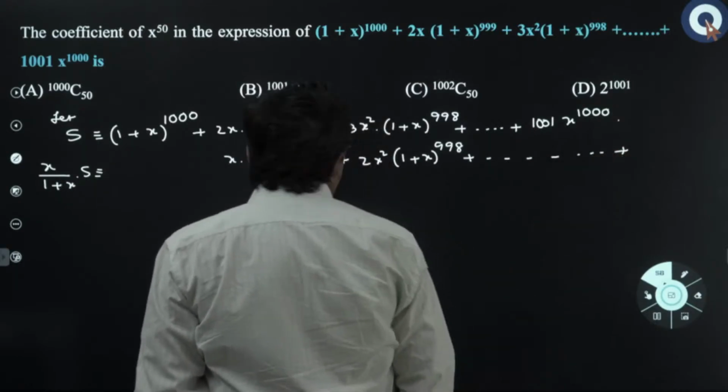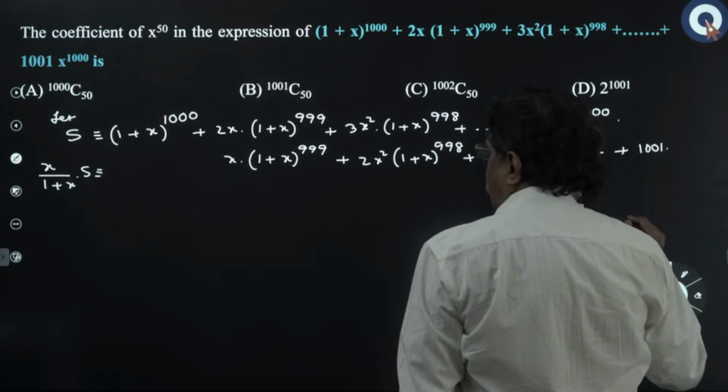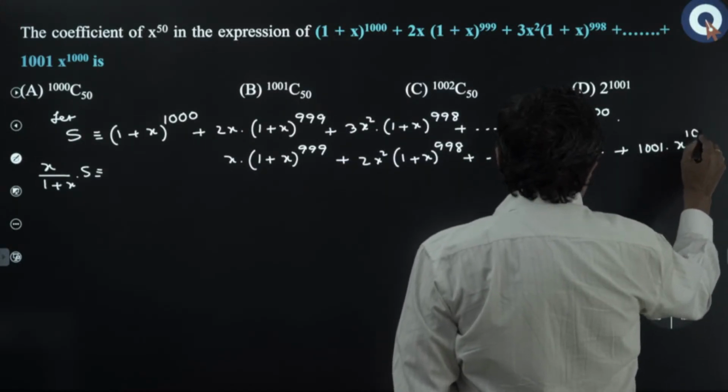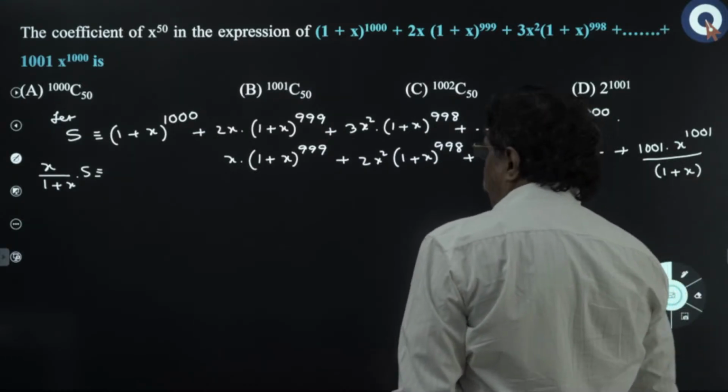And here I get 1001 x power 1001 by (1 plus x) to the power of 1001.